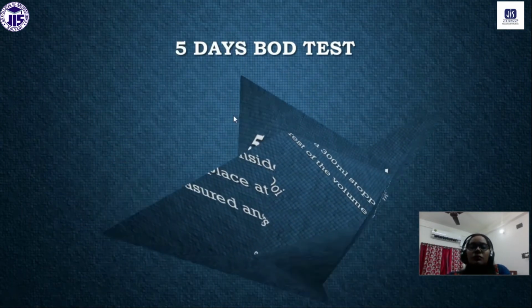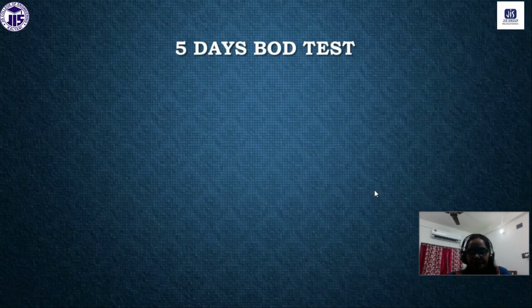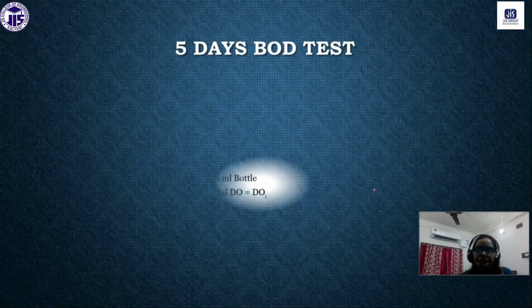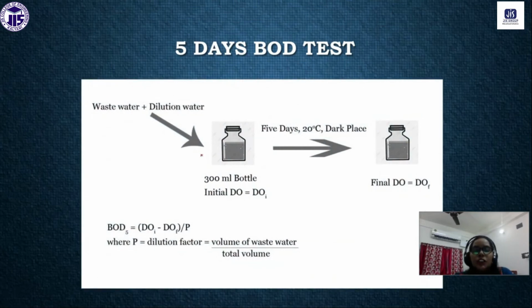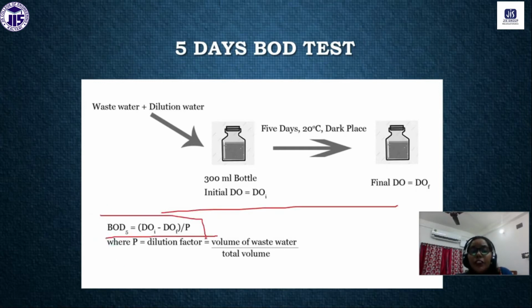Now, yes, this is the schematic diagram of the 5 days BOD test, whatever we have done, and this is the equation. This equation is very important. You have to memorize this equation. Okay, look, BOD5.